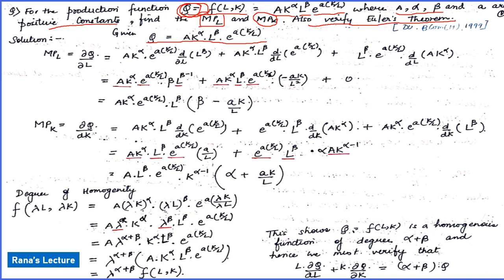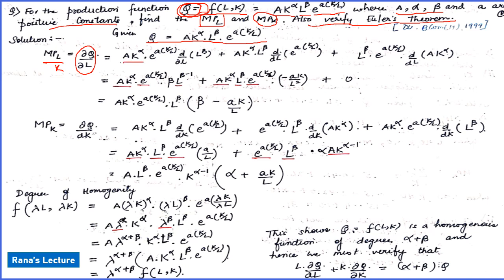We calculate marginal productivity of labor. This is delta Q by delta L. Right? What we do here? We differentiate with respect to labor, so our capital जो है वो constant हो जाएगा. ठीक है? So this is A k to the power alpha.